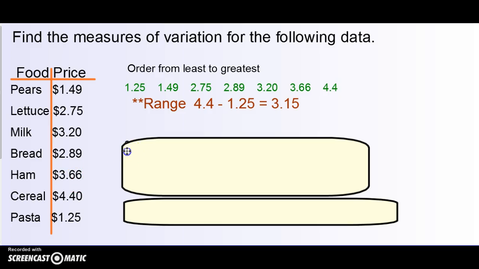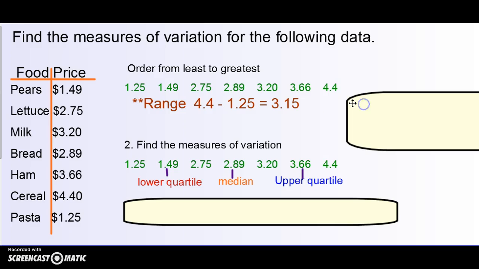And then let's continue. Next, you would find all the measures of variation by asking, where's the middle of the bottom half of my data, and which one's the middle of the top half of my data. And in your homework, you won't always have 7 data points, but this made it convenient for our slide just to say the middle of the bottom, the middle of the top.